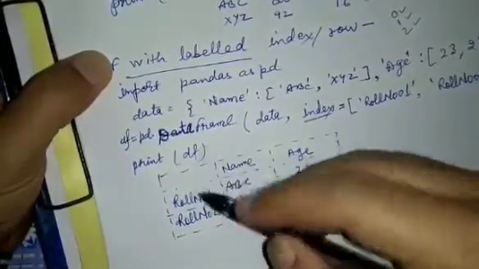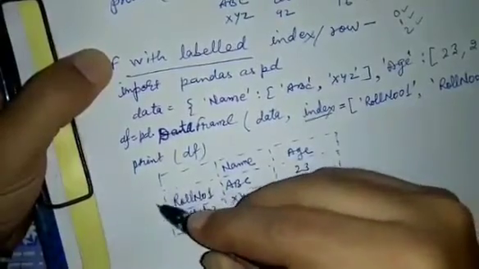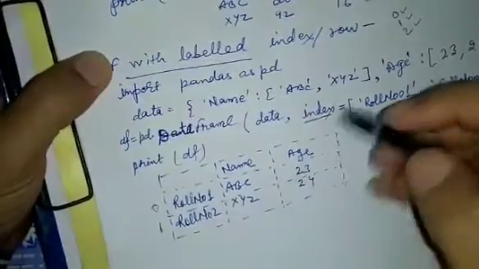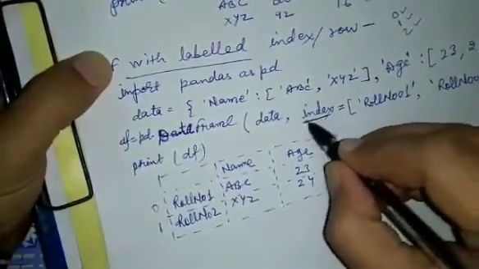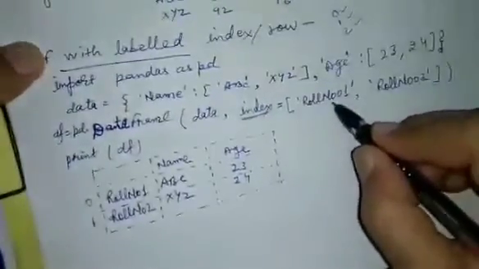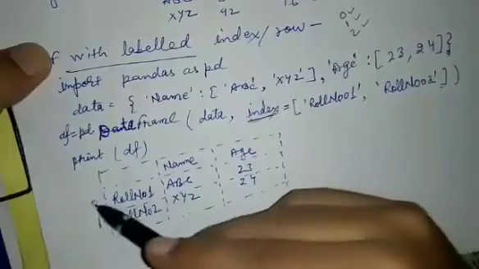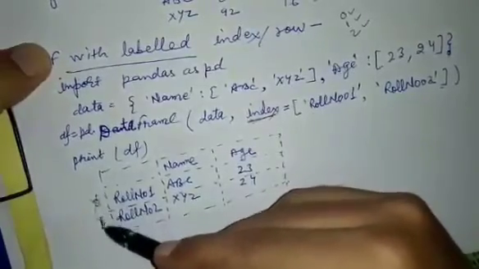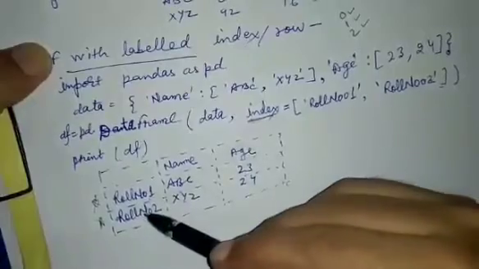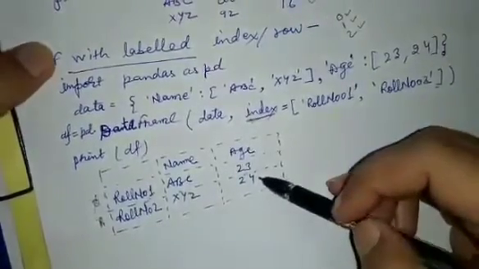You can notice that in the previous example, this row was labeled as 0 and this row was labeled as 1, but because we use the index keyword to define the labels for the rows, you can see that the default 0 and 1 are not given over here, but roll number 01 and roll number 02 are given here to identify the rows.